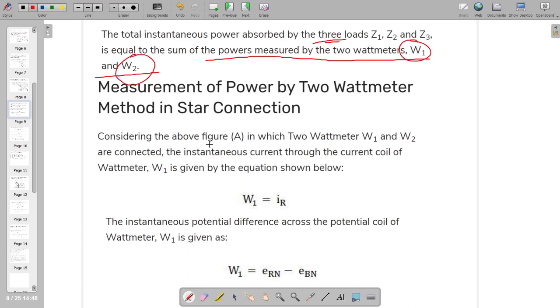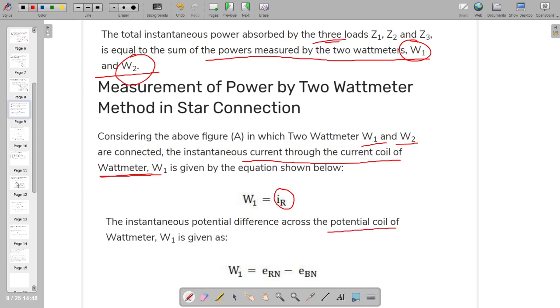Measurement of power by the 2 wattmeter method in a star connected load. Considering the figure shown in the previous slide, in which 2 wattmeters W1 and W2 are connected, the instantaneous current to the current coil of the first wattmeter, which is connected in the R phase, is IR.